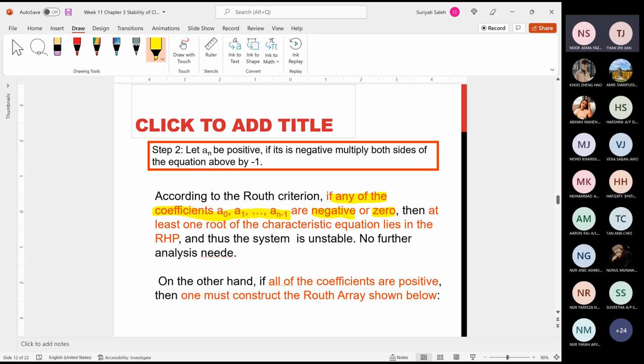So if the coefficient is negative, this contributes to a positive root. When you have a positive root, that means automatically the system is unstable. So no further analysis is needed.